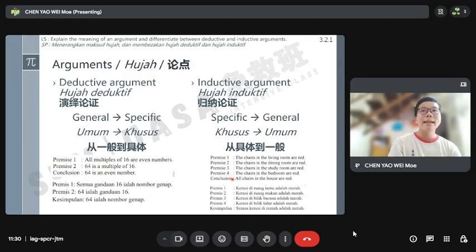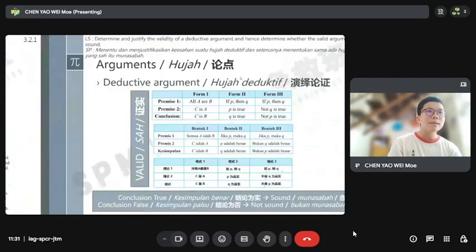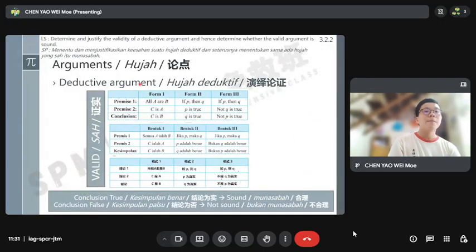Today I can use those arguments to determine valid and sound for the deductive argument. I can use the table and also the conclusion to determine valid and sound for the argument, not for a statement again.